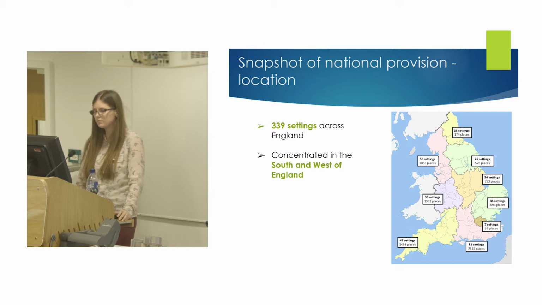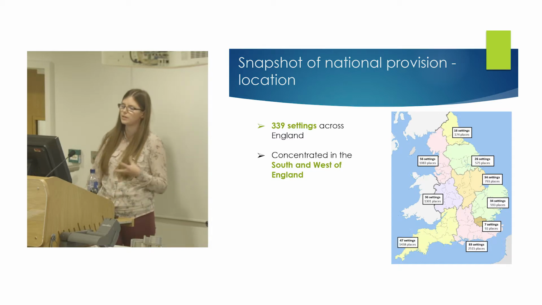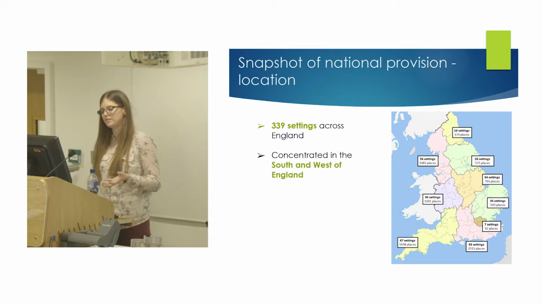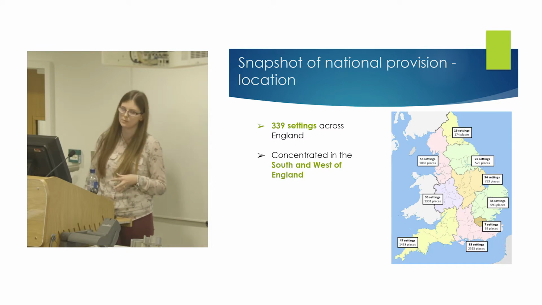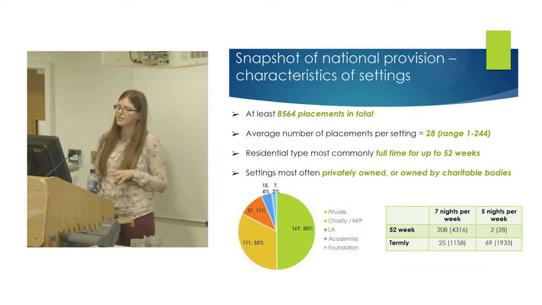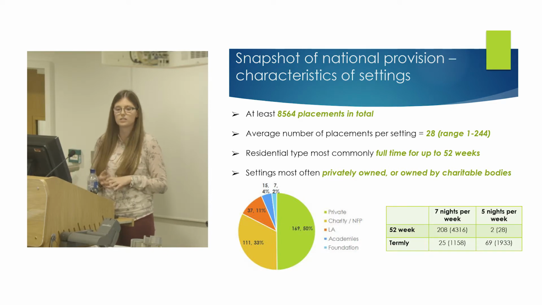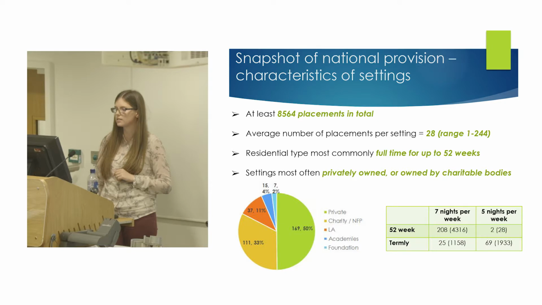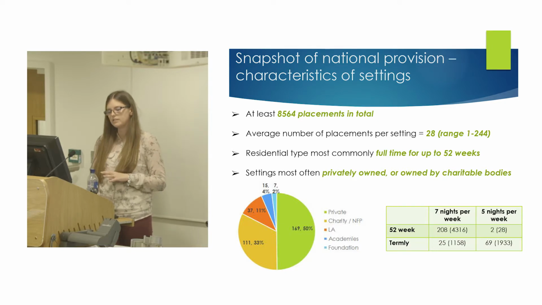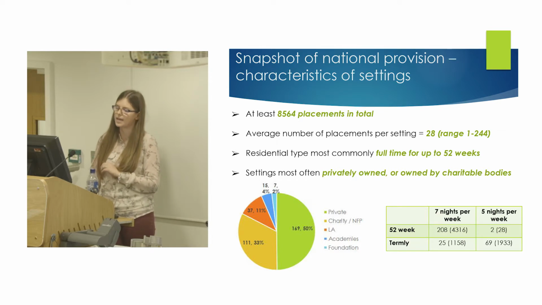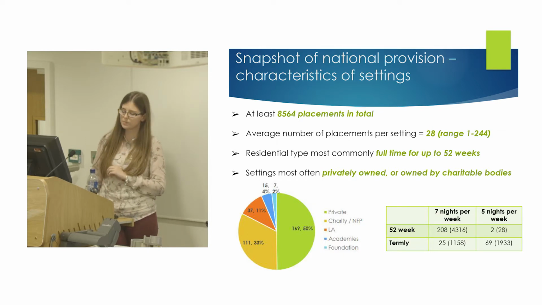In terms of the characteristics of the young people that were supported, schools unsurprisingly catered for the full age range, so preschool to 19 plus, and 58 offered post-16 provision only, so we found 58 that were colleges or further education settings. The SEN categories they were registered for varied, and this was most commonly ASD and social emotional mental health problems.